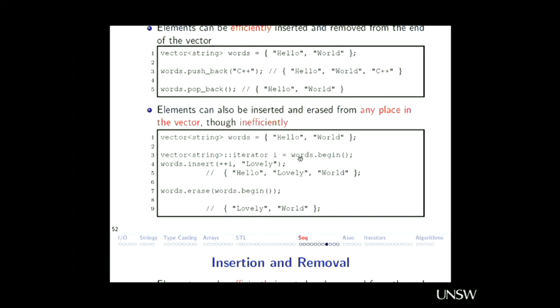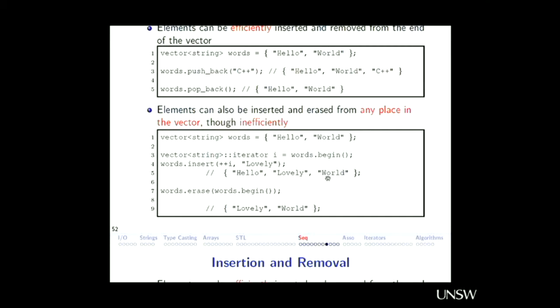Off your iterator, not off your vector, you can say words.insert, ++i. Remember, words is a vector, so pre-increment i to the second position and insert the string lovely.